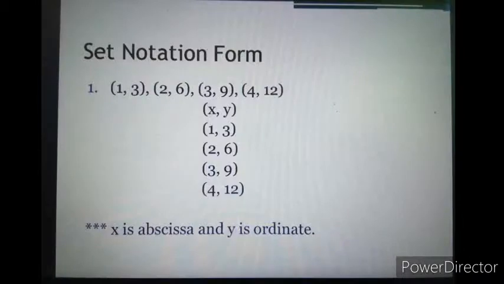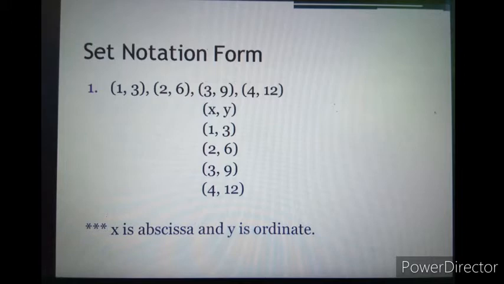In the first representation, we are given a set of ordered pairs. To verify that this is a function, we use that qualification, which we can restate as: each x value is associated with a single y value.